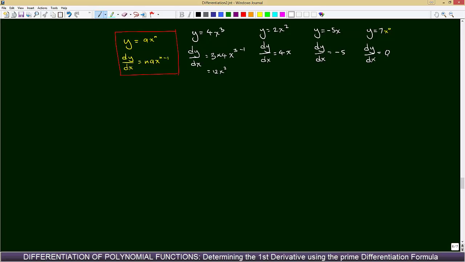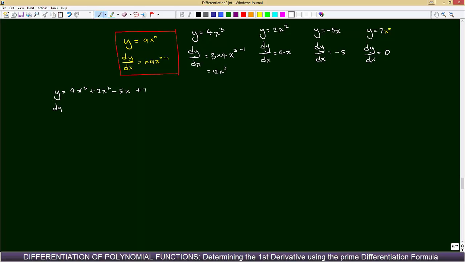Okay, these are 4 very simple problems. But what if we have all these 4 terms combined into a single polynomial? For example, let's put it this way. y equal to 4x cubed plus 2x squared minus 5x plus 7. I'm just adding all these 4 terms that we have done earlier and putting them into one single polynomial.